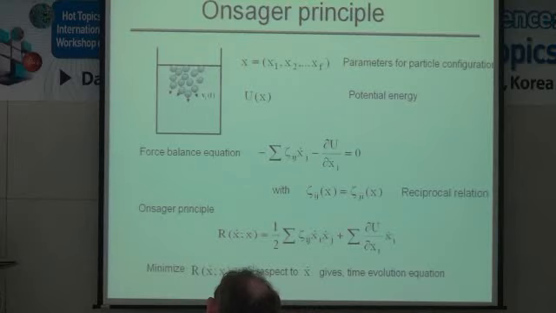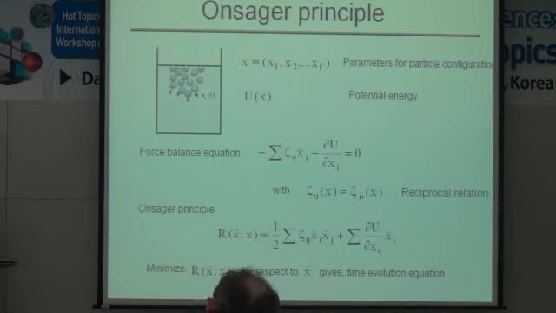And in this case, the slow variables are, let's say, the position and orientation of individual particles. The other variables are, for example, the coordinates and the velocity, the position and the momentum of the fluid molecules, which change very fast.